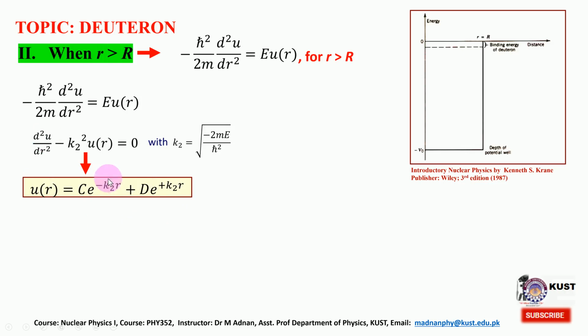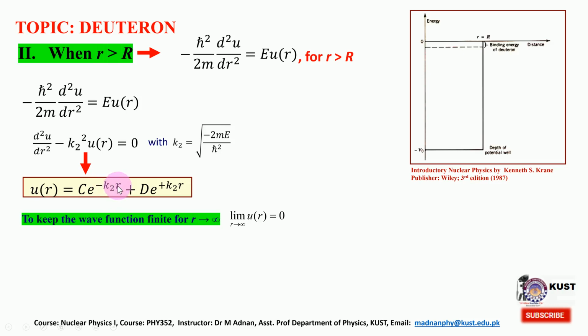So we need to make this physical by again using the finiteness condition of the wave function. That is, for R goes to infinity, we have these two solutions. Now when R goes to infinity, this U should go to 0, because, as I told you, this K2 is positive.